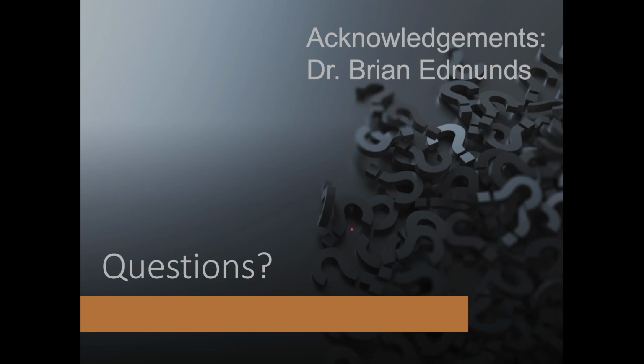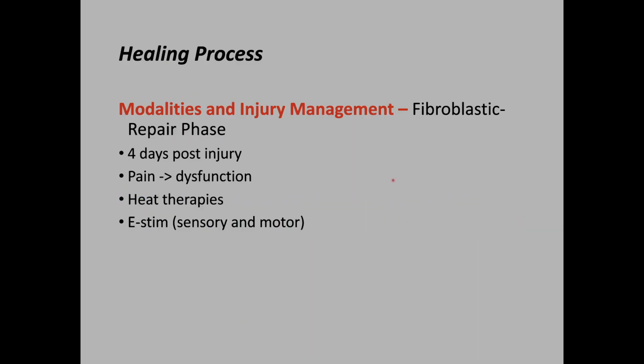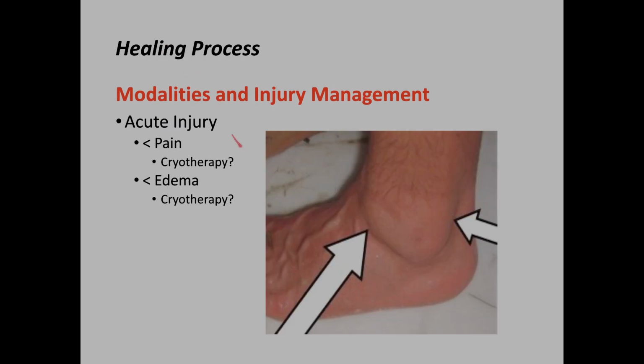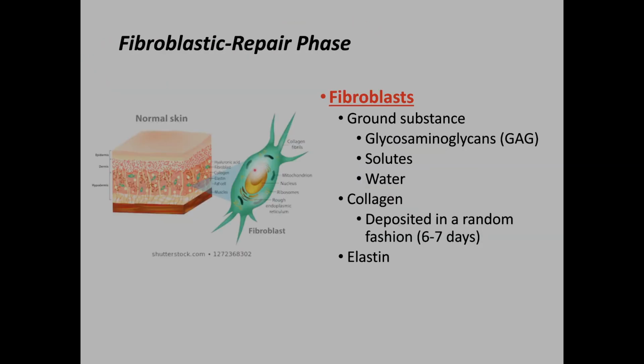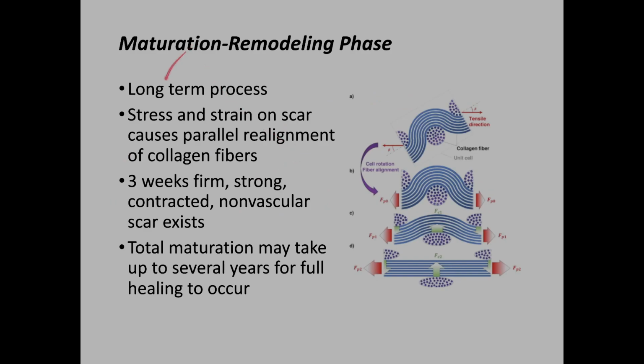So I've highlighted a few concepts to really think about, specifically going back to your stages of healing, understanding the factors that affect the healing process, knowing specifically not only from a timeline perspective, but what is actually happening during these phases, not specific anatomical or physiological events.